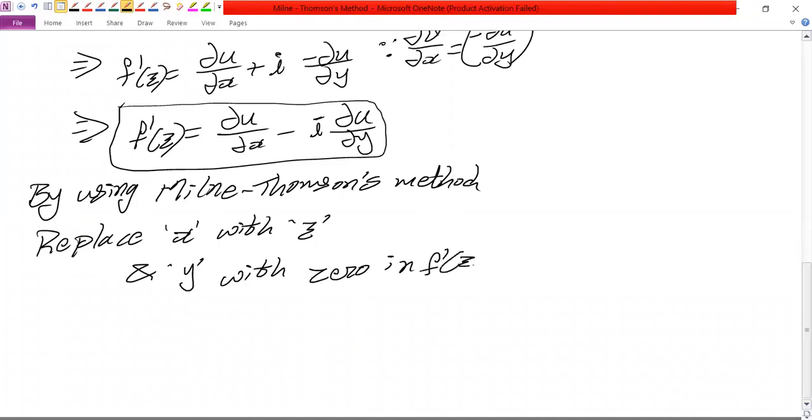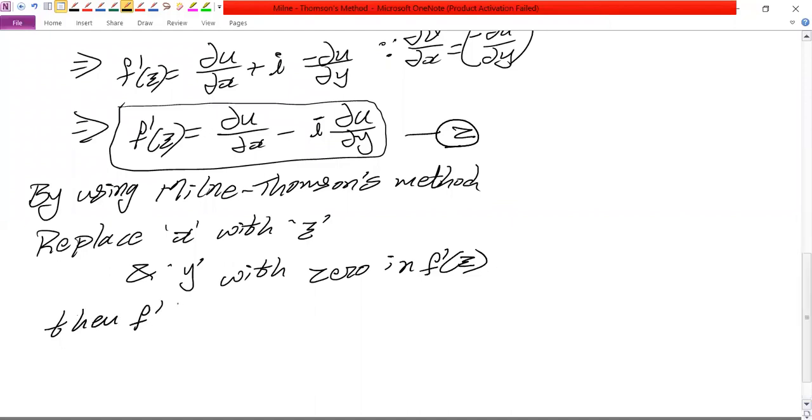What is f dash of z? Here it is equation number 2. In this equation number 2, we have to replace x with z and y with 0. Then f dash of z is going to become a function of only z variable.